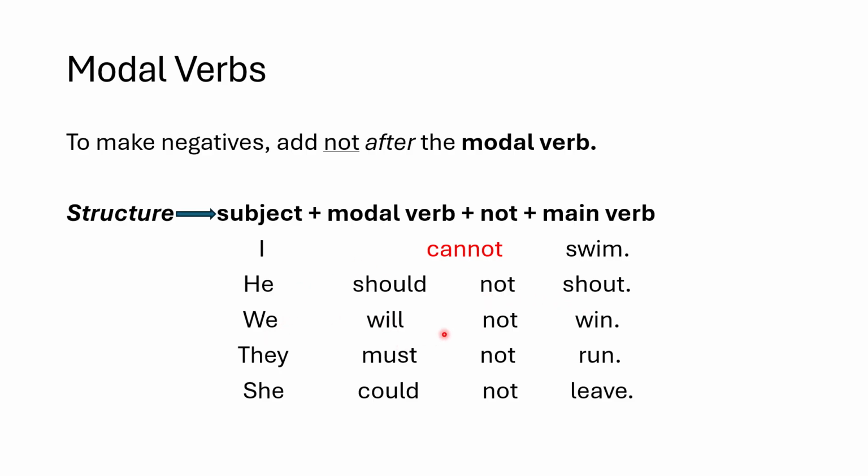We will not win. They must not run. She could not leave. Most modal verbs use two words in the negative, but cannot is special because it is usually written as one word.